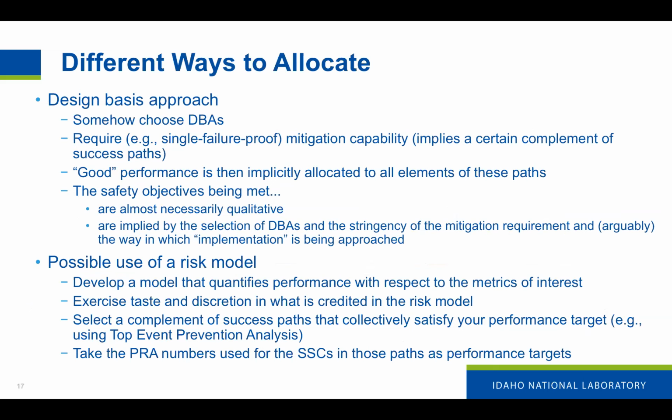So classically, people use the design basis approach, choose design basis accidents, require single failure proof mitigation capability, and so forth. And the next bullet down, use of a risk model. Earlier, the slide I showed the event tree with different paths on it.